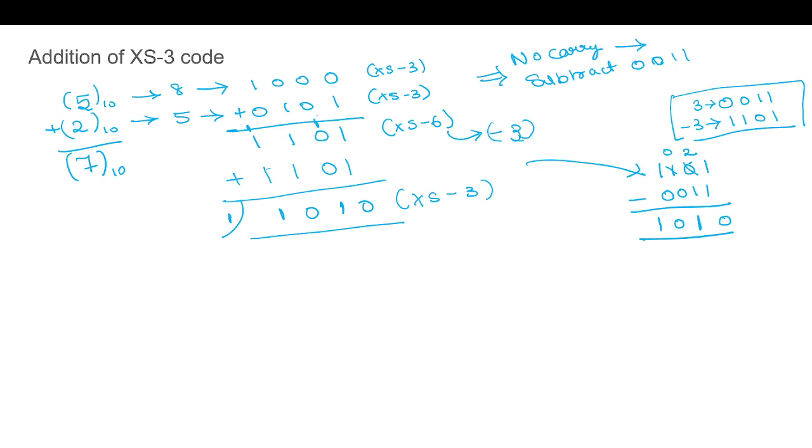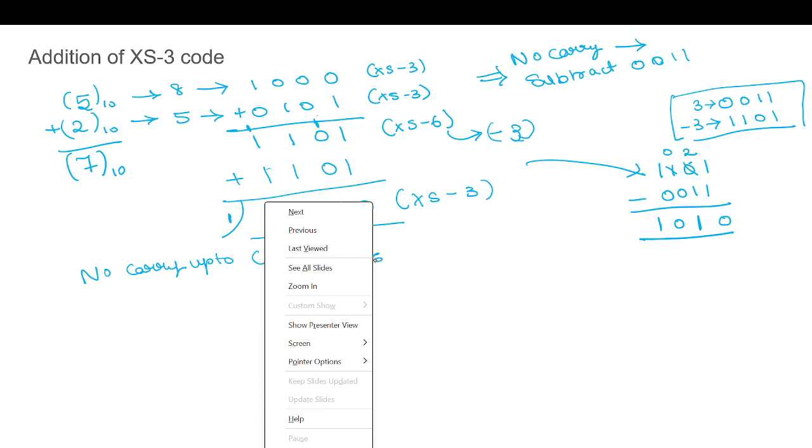So there will be no carry, up to all 1s in excess 6.